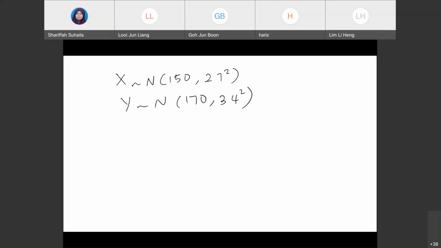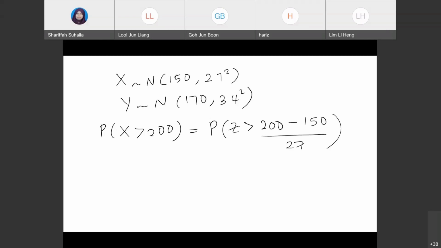So we want to solve the probability X greater than 200. Again, this is a normal distribution, so you standardize: 200 minus your mu, 150, and then divide by your standard deviation, in this case 27.